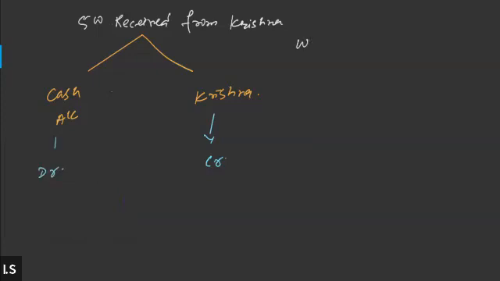First, we just passed the wrong entry. The wrong entry that we must have made is cash account debited to Krishna account, 500 and 500.